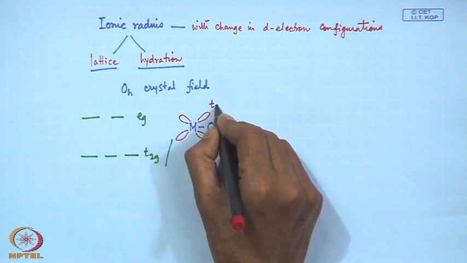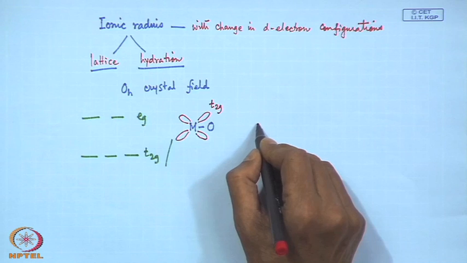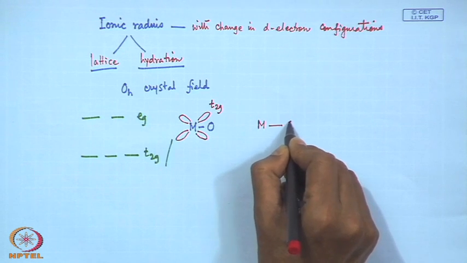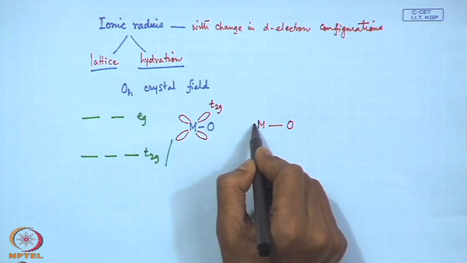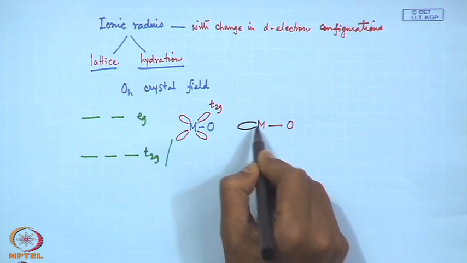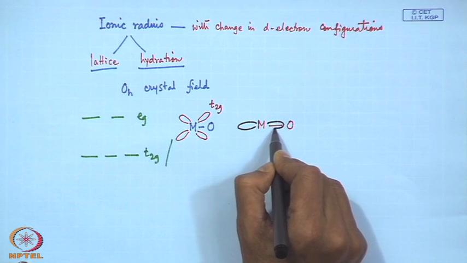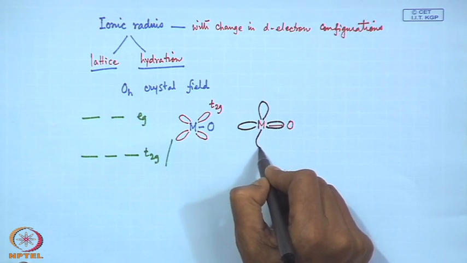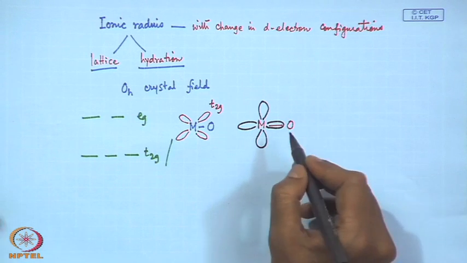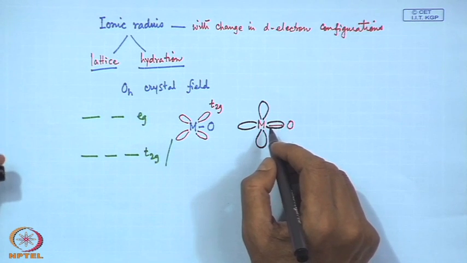So, this is our t2g set, but when this metal oxygen is there and we find the direct face of these orbitals, if they are empty they will face differently, if they are filled they will fill in a different way.